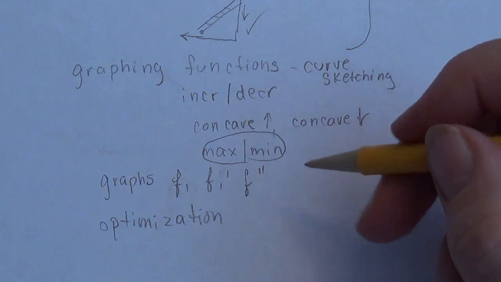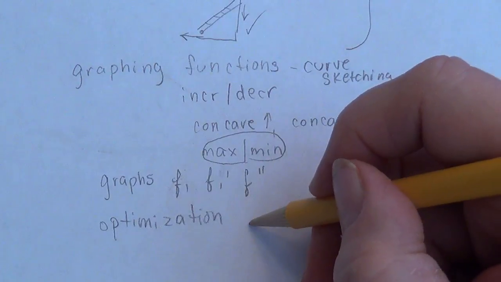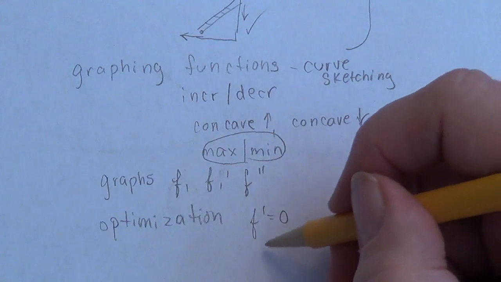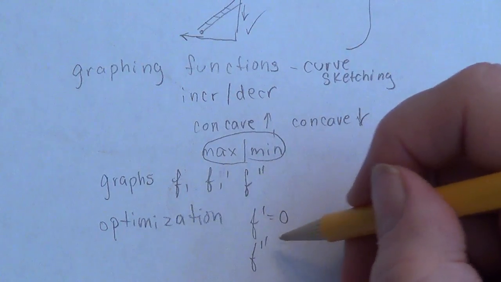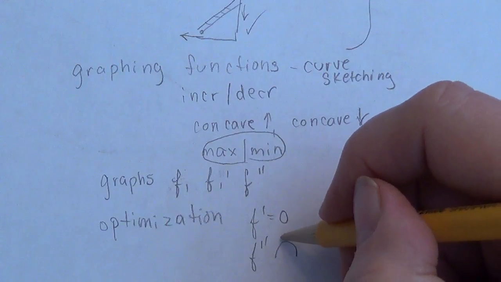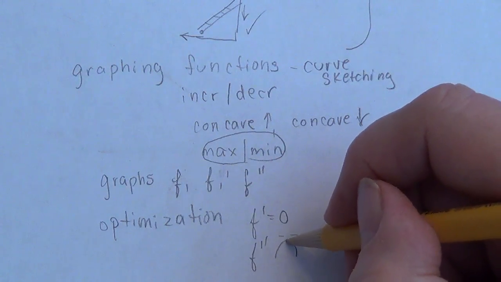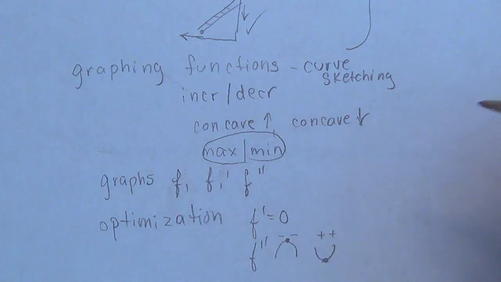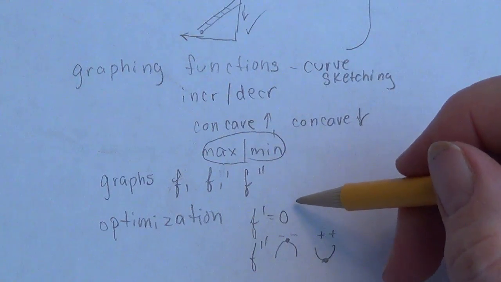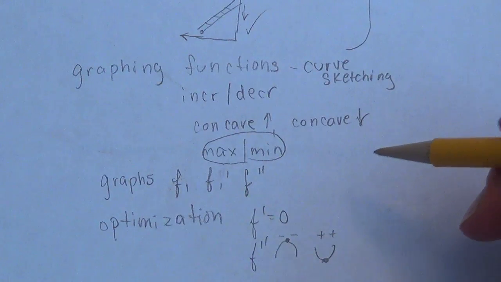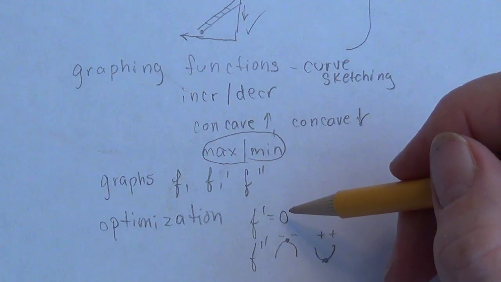So you're looking for optimization, and that is where the first derivative is 0, because that's going to be a max or a min. But then you can check the second derivative to see if it's either a max or a min, because a negative second derivative is going to be a max, and a positive second derivative is going to be a min. Or you can look to the left and right and see which way the curve is sloping.